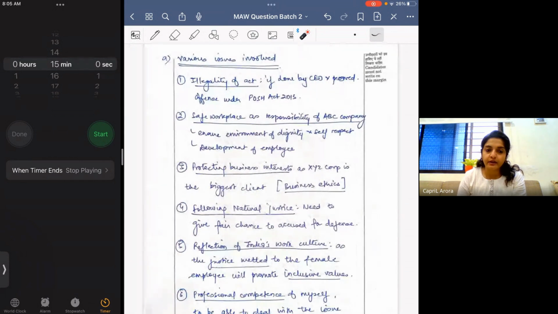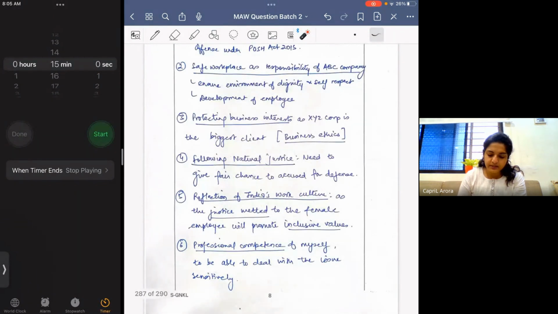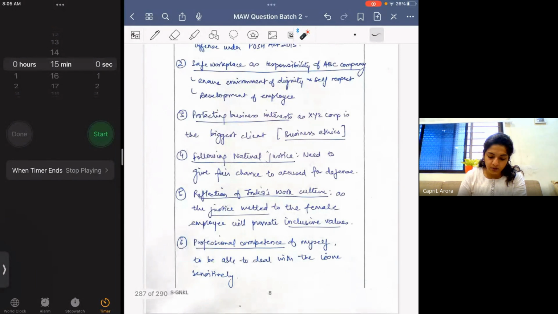What are the various issues that are involved? First is the illegality of the act. If done by the CEO and proved, it is an offense under the POSH Act 2013. A safe workplace is the responsibility of ABC company, ensuring an environment of dignity and self-respect, and development of the employee. Protecting business interest, as XYZ Corp is the biggest client. Business ethics also wants profit, right?